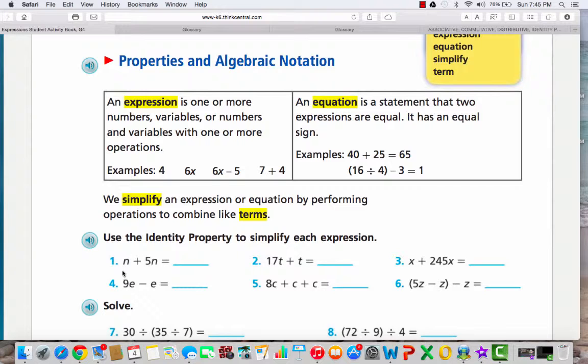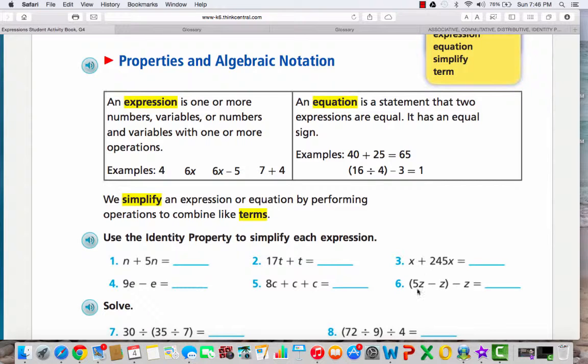There's always a 1 in front of the n. So if you add 1n plus 5n, you will get 6n. Number 2, if you have 17t plus 1t, you would get 18t. 1x plus 245x is going to give you 246x.